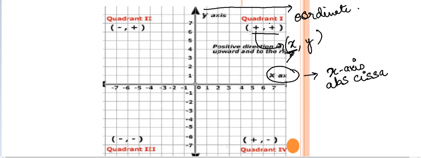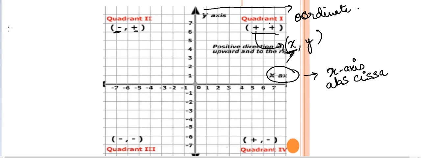Okay, if my x is positive and my y is positive, I have to plot my coordinates over here. If my x is negative and y is positive, then I have to plot it over here. Similarly for the third quadrant, if both the numbers are negative, I have to plot over here. If my x is positive and my y is negative, I have to plot it over here.